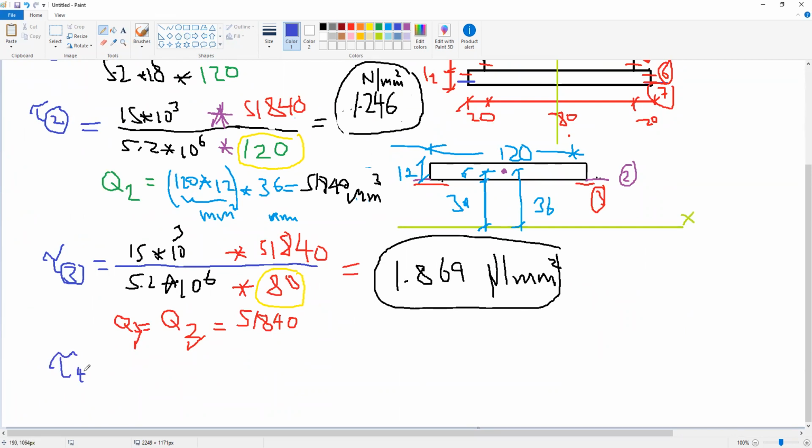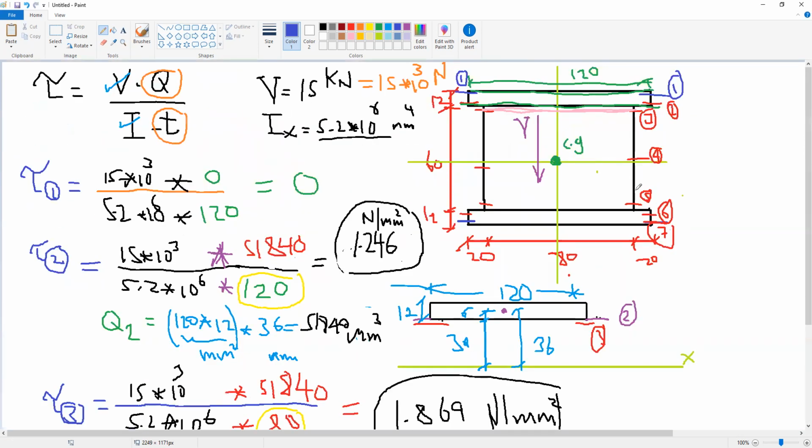Tau 4 equals tau max. You have to know that the maximum shear stress will be at the centroid. Because section 4 passes through the centroid, the maximum stress will be at section 4.